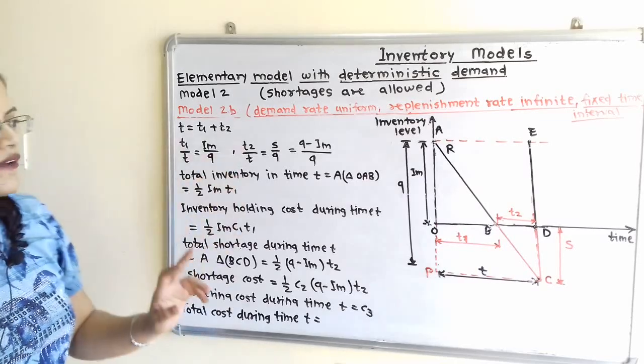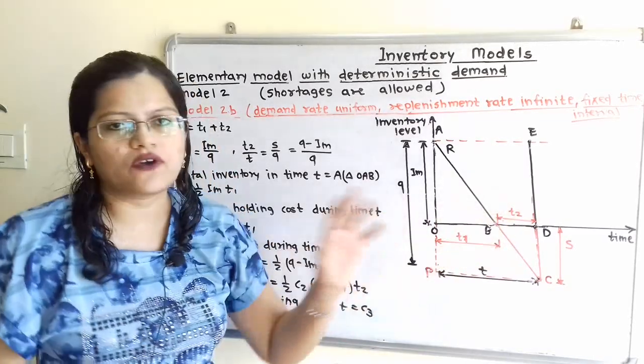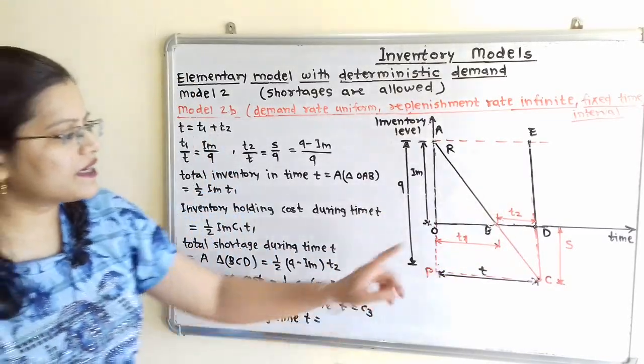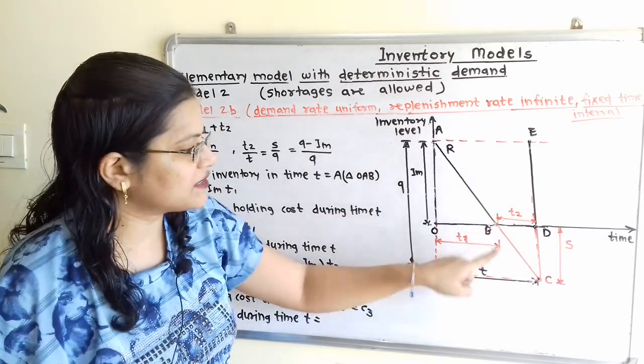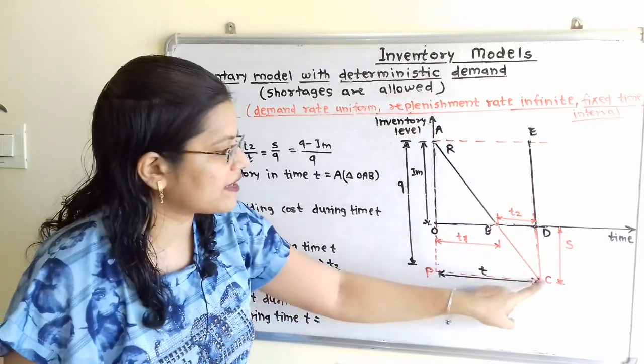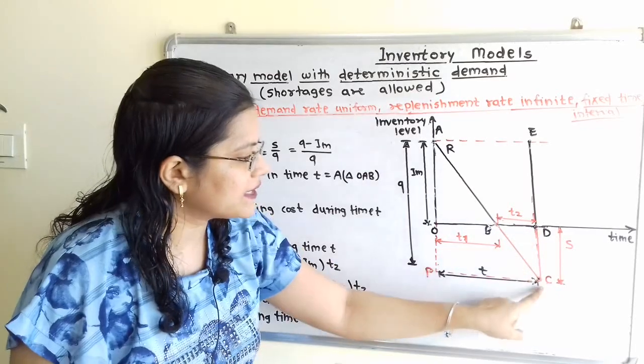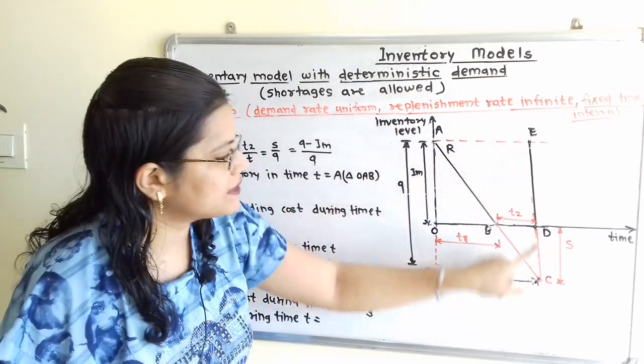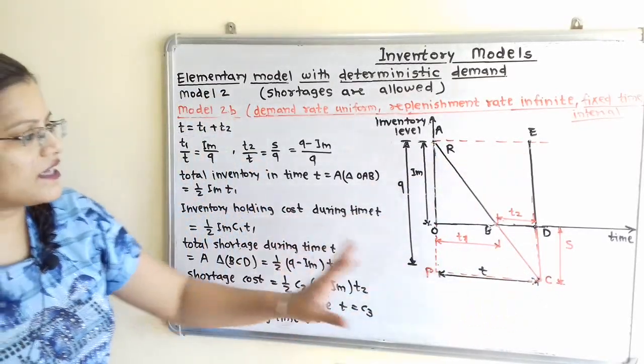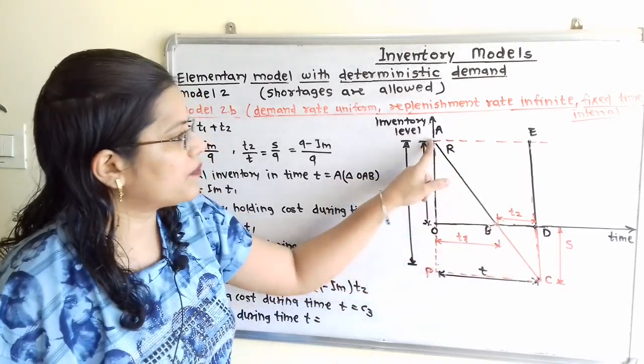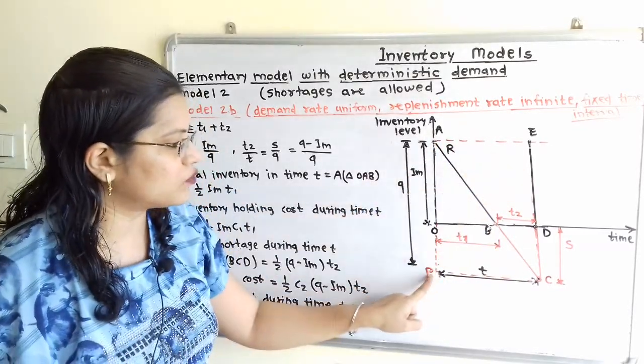Now in the same way we will write this T2 in the form of T. Again we will refer to two triangles, triangle BDC and triangle AEC. Now we will take the ratio of base, that is T2 by T, because AE is equal to PC.